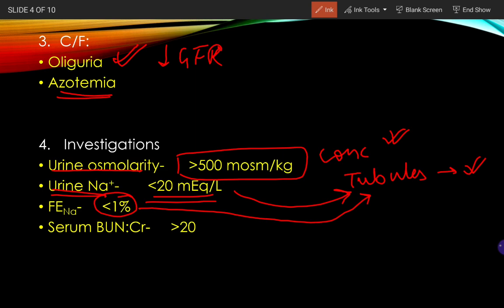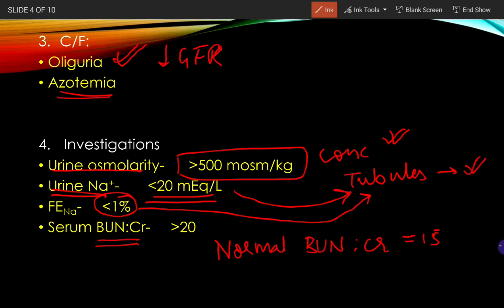Now this last one is a little important: you check the serum BUN to creatinine ratio. These are the nitrogenous products present in your blood. The normal BUN to creatinine ratio is about 15, but in this case, it's more than 20.